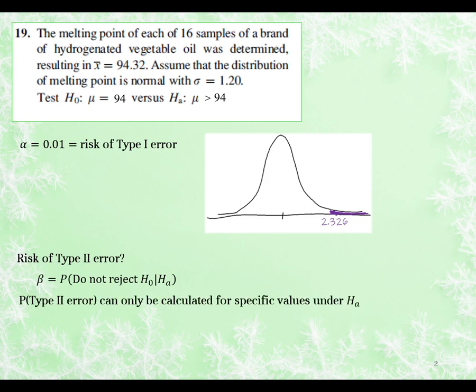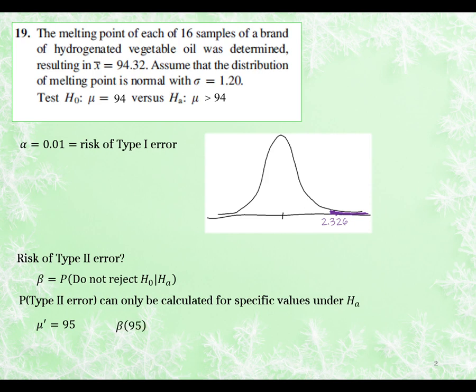Type 2 error, we therefore need to calculate for specific values under the alternative, and that we will denote with a prime. So let's say mu prime is our value that we want to calculate a type 2 error for under the alternative. We'll use the example here of 95.